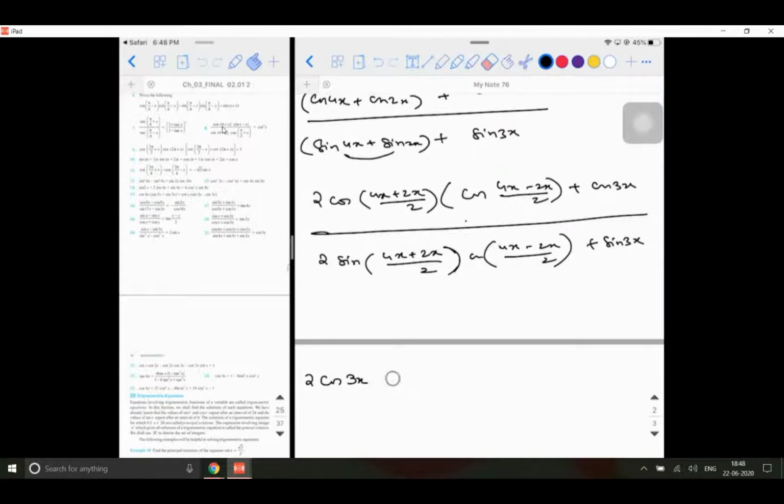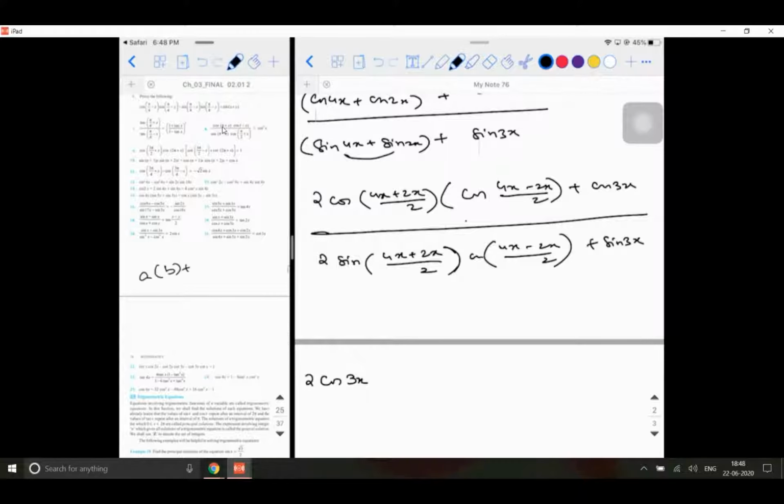Why can't we cancel cos (4x minus 2x)/2 and cos (4x minus 2x)/2? Okay, see. A into (B plus C) divided by C into (B plus D). Will you cancel B and B? Can you cancel it?